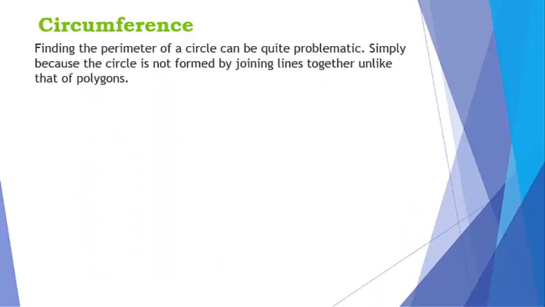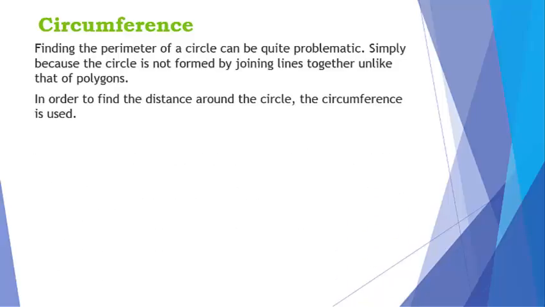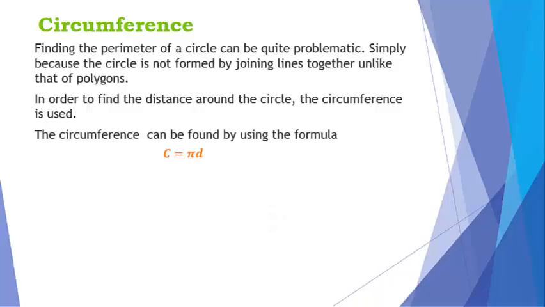Circumference. Finding the perimeter of a circle can be quite problematic, simply because the circle is not formed by joining lines together unlike that of polygons. In order to find the distance around the circle, the circumference is used. The circumference can be found by using the formula C is equal to pi d, where d stands for the diameter.